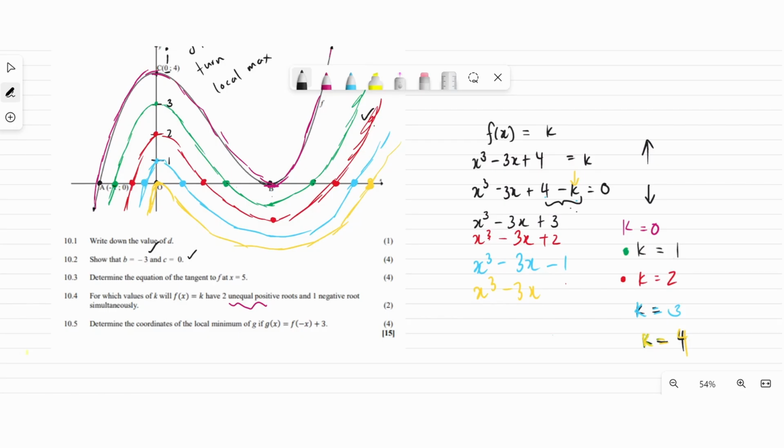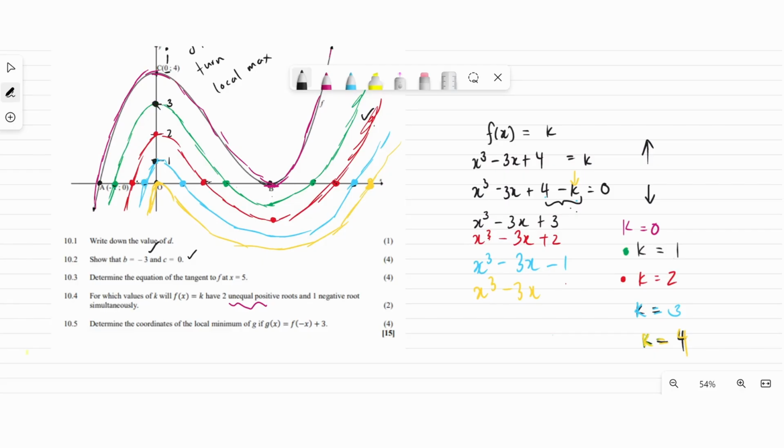We see that red has that too, and we see that blue has that too. We have 2 unequal roots and 1 negative root. Knowing that, therefore, k needs to be between 3 and 1.